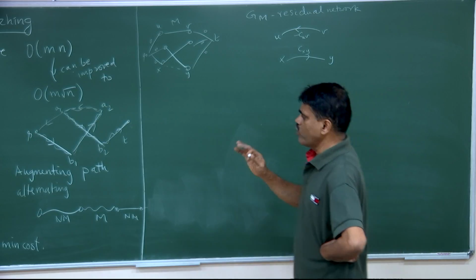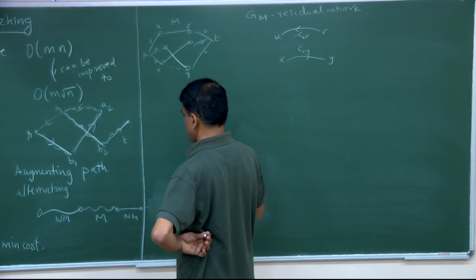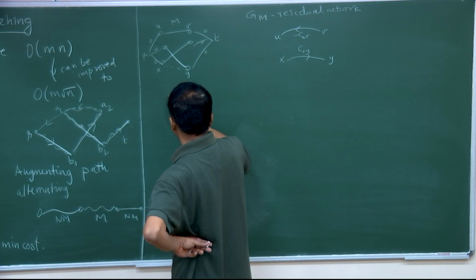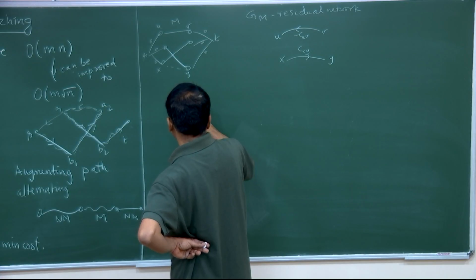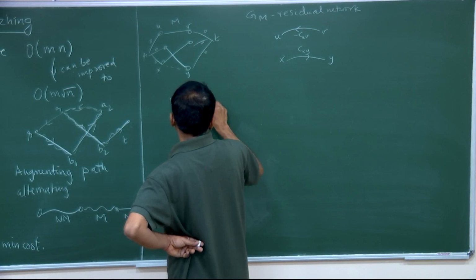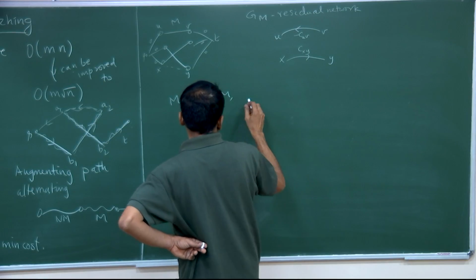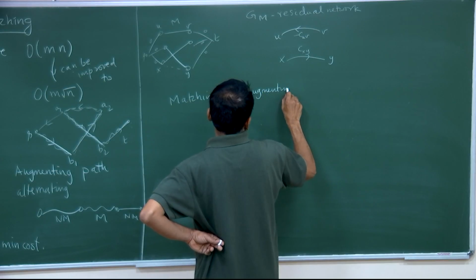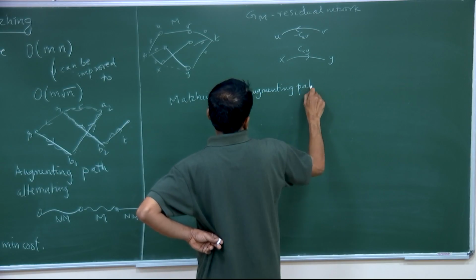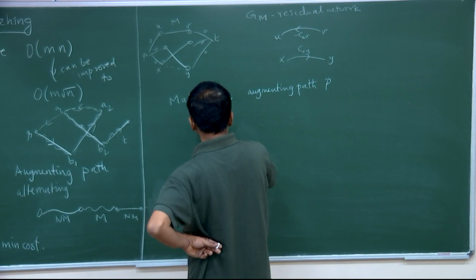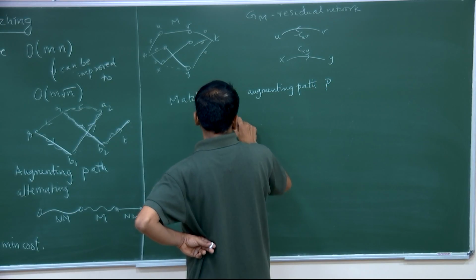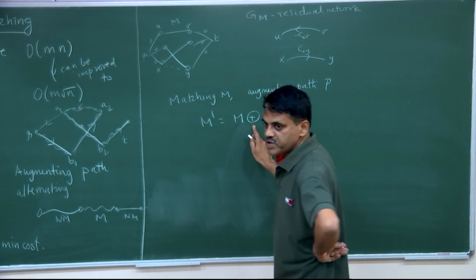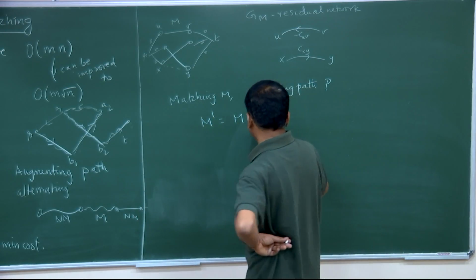And this whole augmenting also works. So if I have a matching M, and you have an augmenting path P, then the new matching would be M plus P, which means a symmetric difference, right?